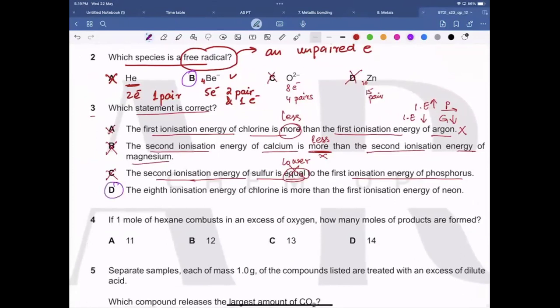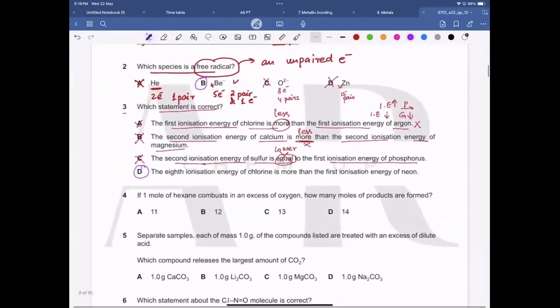Is this understandable to all of you? The eighth ionization energy of chlorine is more than the first ionization energy of neon. So this is for sure going to be the correct one, because we know that all three others are wrong. So see the eighth electron of chlorine. It's going to be very high energy because chlorine becomes +7 and the eighth electron is actually being removed from the second shell.